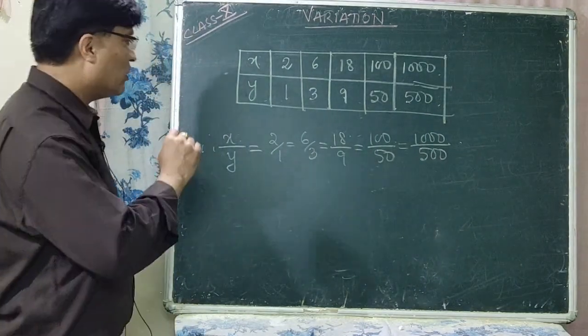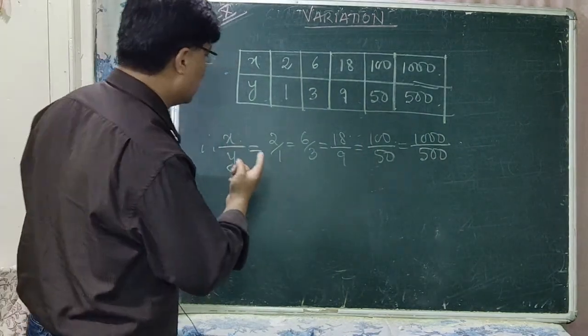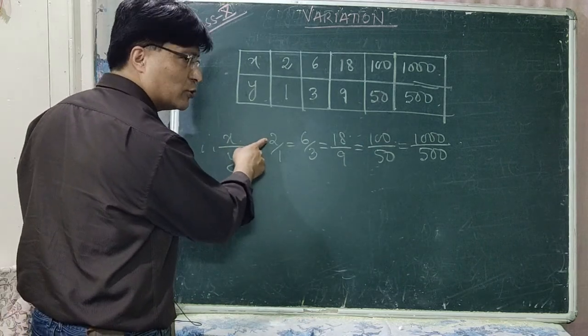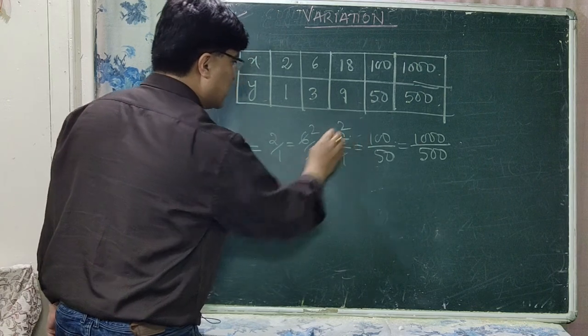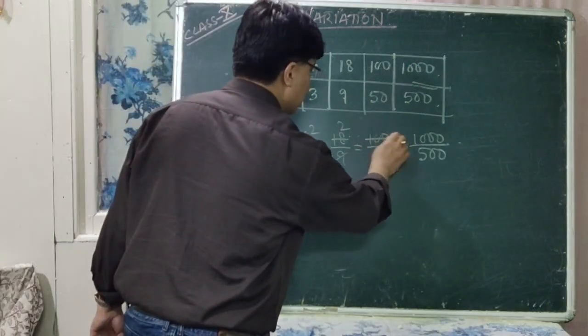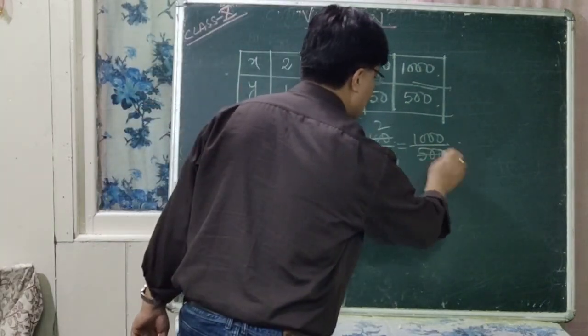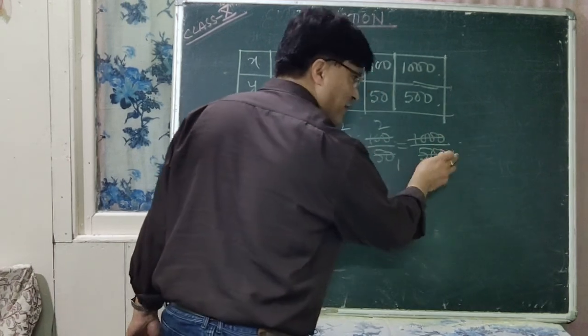Okay, so now what do we see out here? This is 2 upon 1 means 2, 3 ones are 3, 3 twos are 6, 9 ones are 9, 9 twos are 18, 50 ones are 50, 50 twos are 100, 500 ones are 500, 500 twos are 1000.